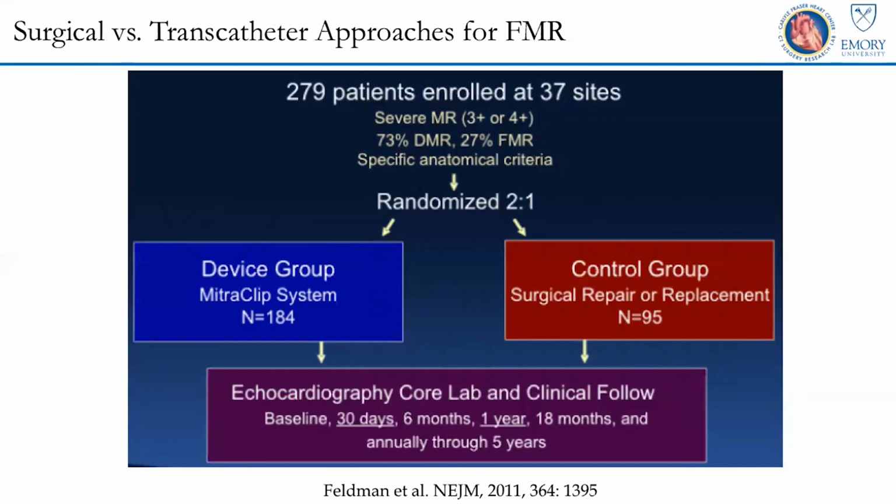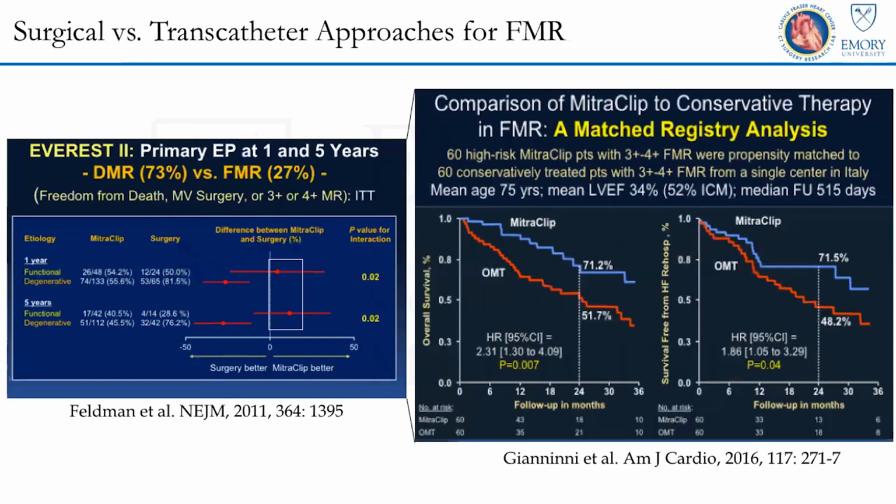These recruited patients were then followed with echocardiography for up to 5 years, and the data was presented quite a long time ago, in 2011. The primary outcome from the trial is on the left side, where on the left is surgery being better, on the right is MitraClip being better.